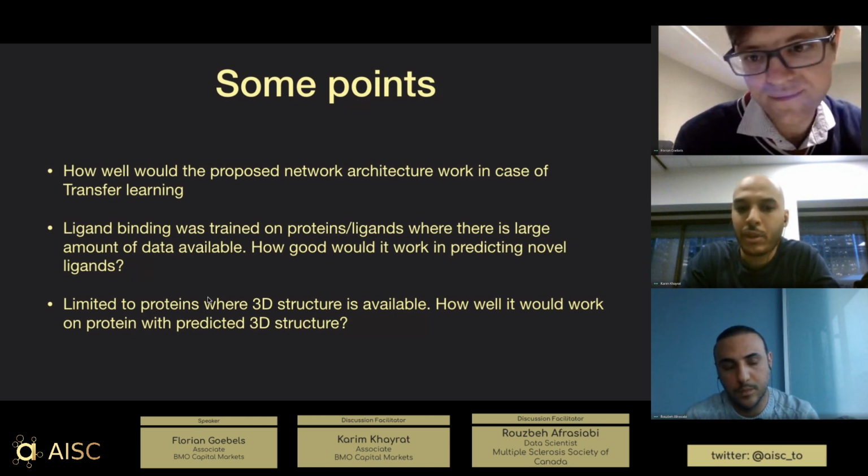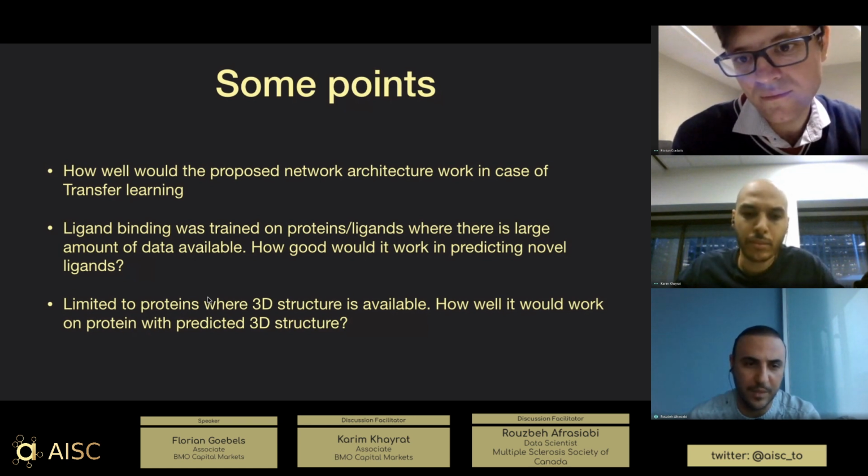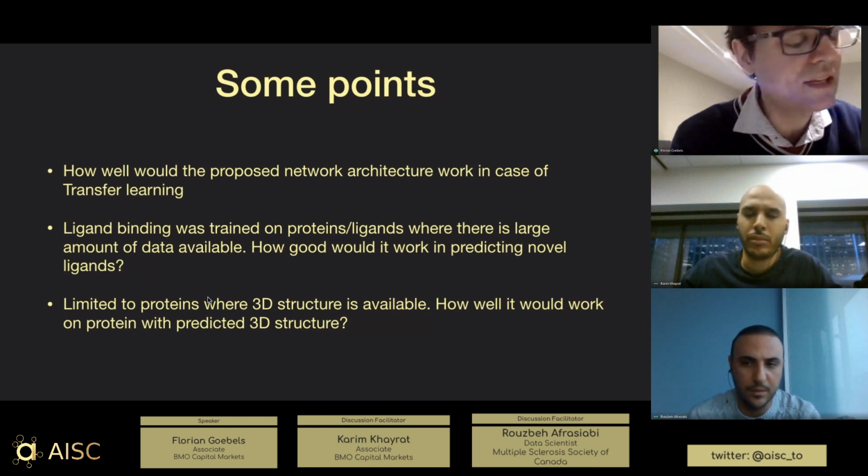Okay. So Florian, on this point, I'm not really sure how they did the ligand binding experiments. Could you explain that again? Because it seems like they don't collect a lot of information about the ligand when they're running this test. They don't collect any information about the ligand when running the test.